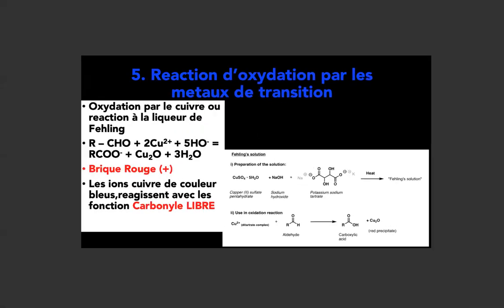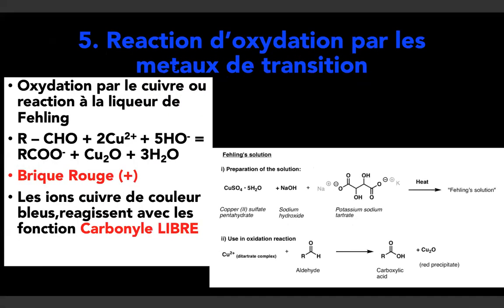So the basic principle for this reaction is rule number 1. For this reaction to take place, for you to have a positive result, you are supposed to have an aldehyde. Number 2, this aldehyde function at carbon number 1 should not be found in any type of liaison, not in any covalent bonding, not even in an ionic bonding.